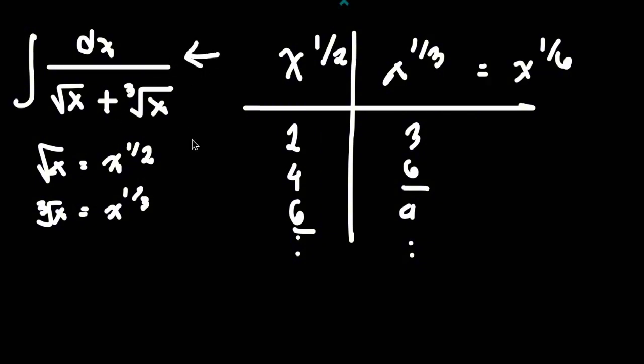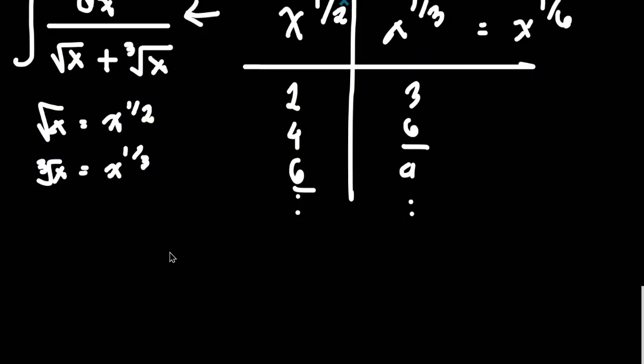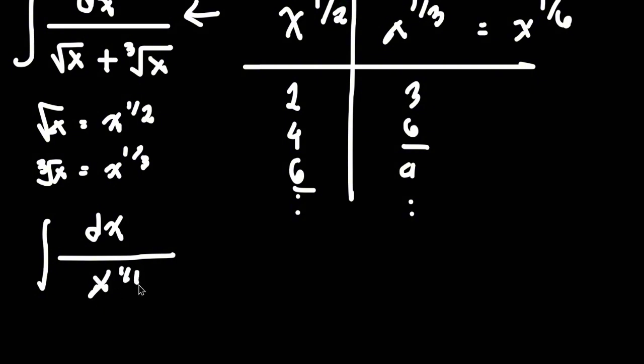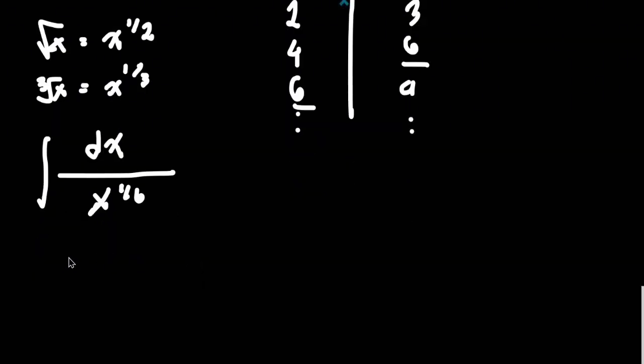But there is a denominator that must have its own property. So from the new equation, we have dx over x raised to 1 over 6. So we let z, or any variable you prefer.